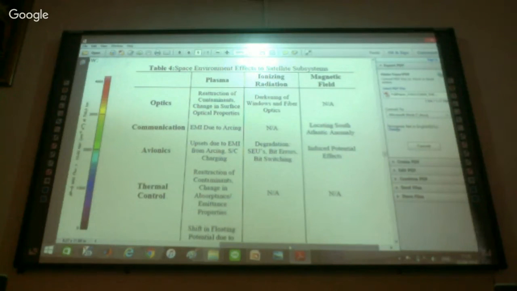This is the optics, communication, avionics, and thermal control.